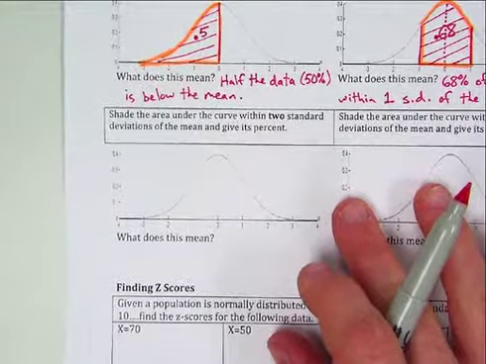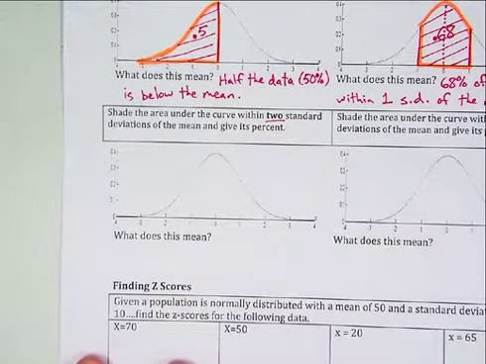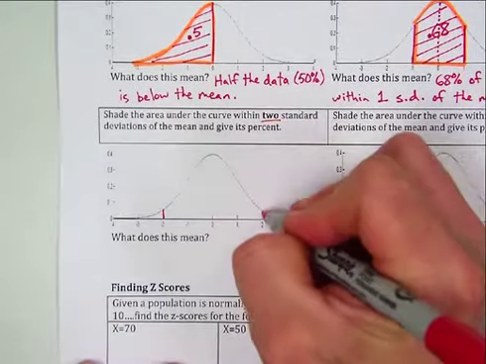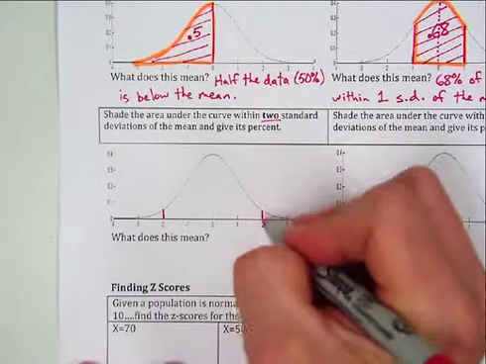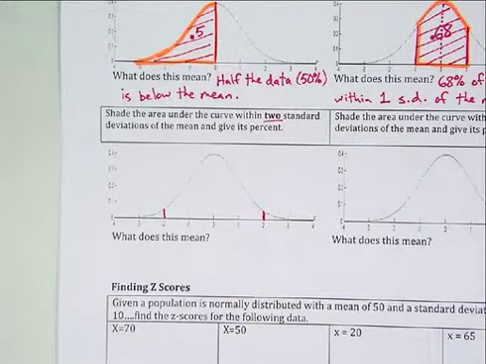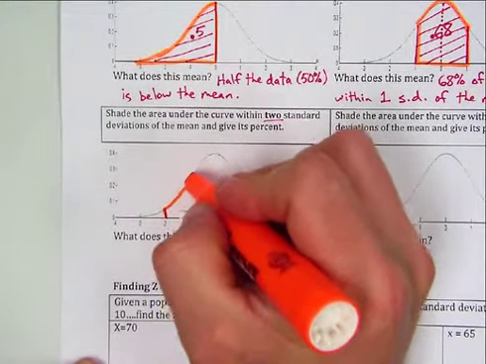Now our next one is going to be within 2 standard deviations. So now you can see here we're getting quite a bit more of the data. Okay, it's quite a larger area right here. We're just doing the most common ones here.